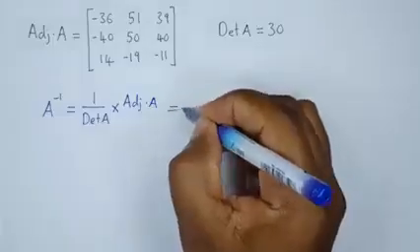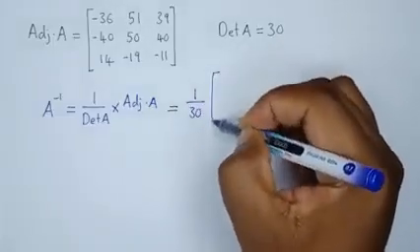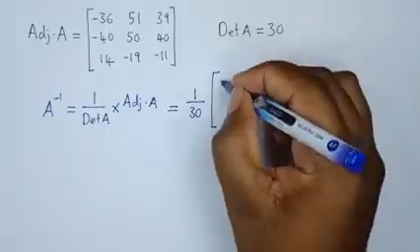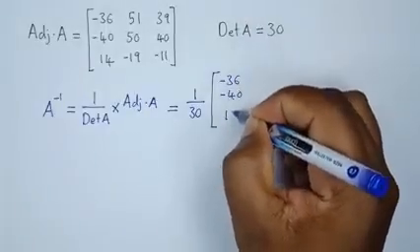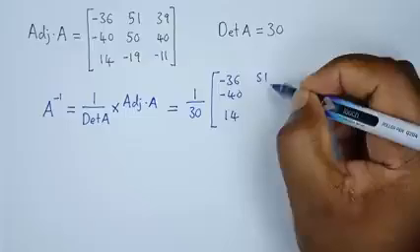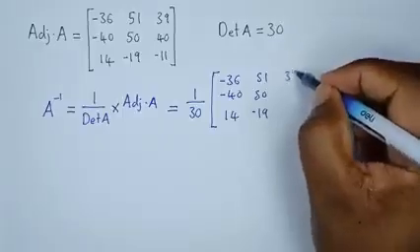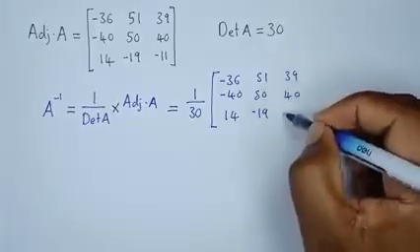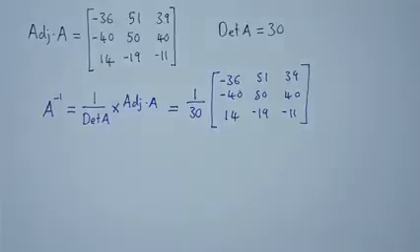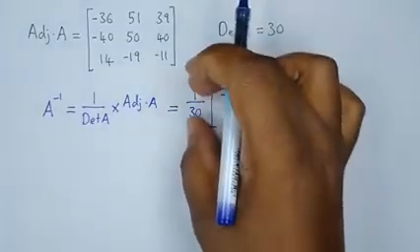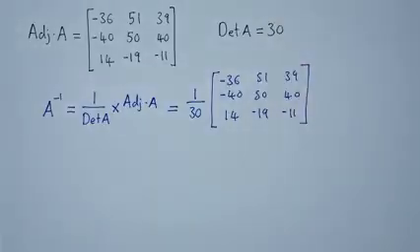This will give us 1 over 30 times the adjoint of A, which is this matrix: negative 36, negative 40, 14, 51, 50, negative 19, 39, 40, and negative 11. Now we are multiplying 1 over 30 times everything in this matrix, and we can reduce where we have to.